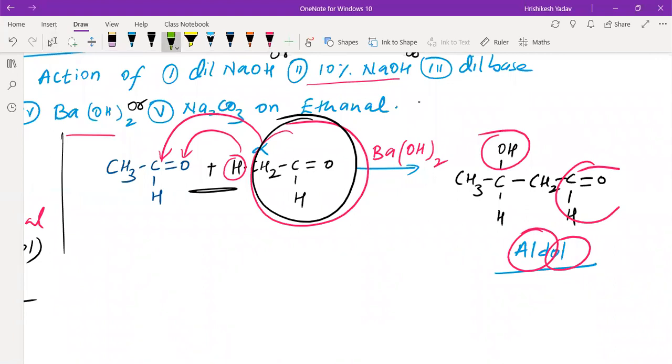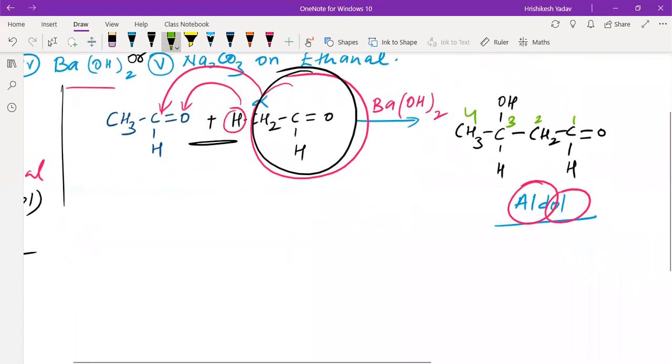Now we'll see actually what is the IUPAC name of this. Say carbon number 1 is here, 2 is this, 3 number, 4 number. So this compound is nothing but 3-hydroxy butanal.